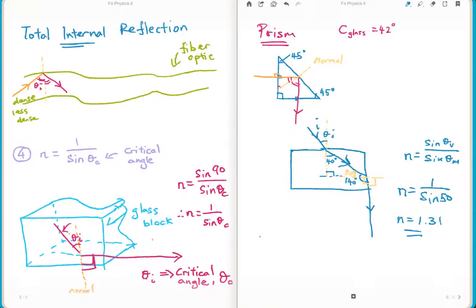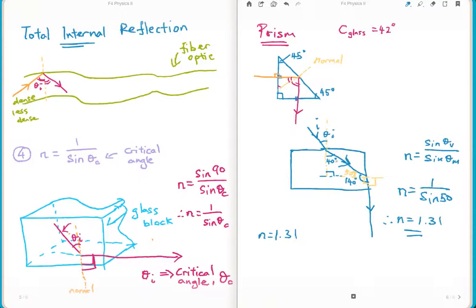Now n, you found this already, so it's 1.31. In this case, first you may use sine theta vacuum over sine theta medium. I've stated it here. So now you have the vacuum, you need to find out. You have the medium angle.